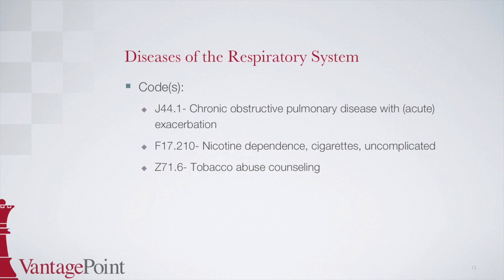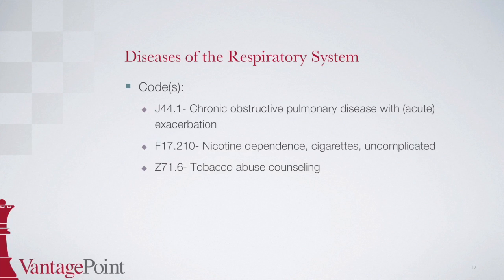Indented below this is chronic obstructive, then with, and then exacerbation with acute in parentheses, which points to J44.1, which you would then confirm in the tabular. We do not need to code the acute respiratory insufficiency because the underlying cause of the insufficiency is documented. Remember, symptoms are only coded when there is no definitive diagnosis.